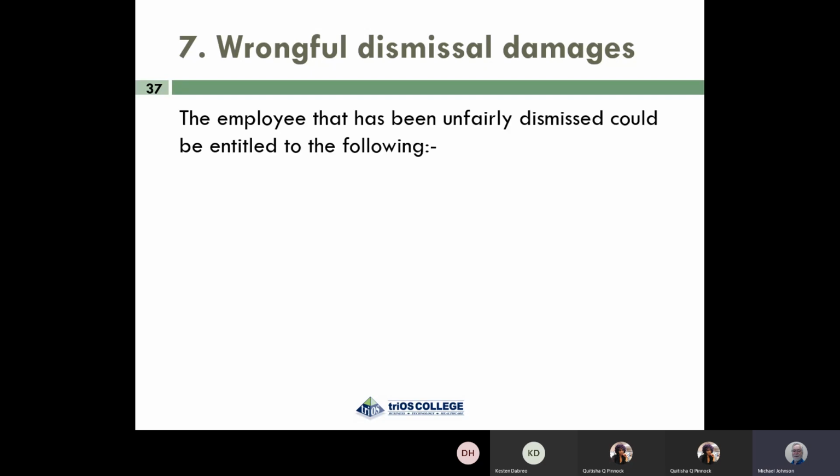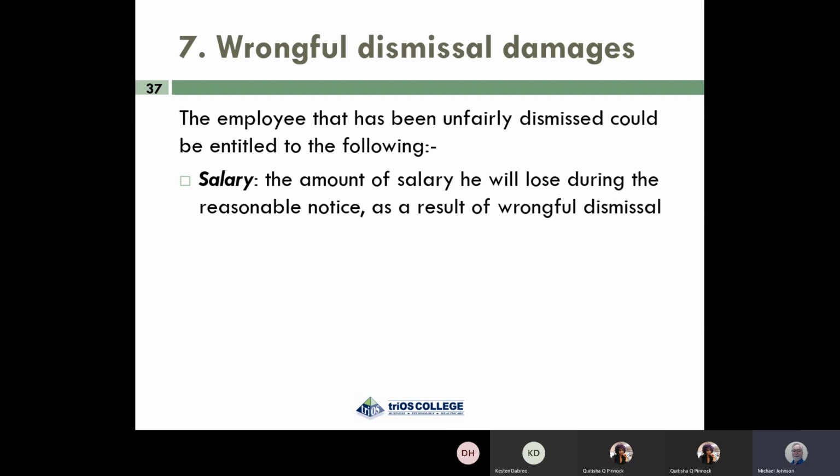For damages when it comes to wrongful dismissal, an employee that has been unfairly dismissed, and sometimes they just simply fired them for no reason at all, is entitled to certain things. They're entitled to their salary, the amount of salary they would have received, that they will lose during the reasonable notice. In other words, they didn't get their notice, they were just simply ushered out the door as a result of wrongful dismissal.